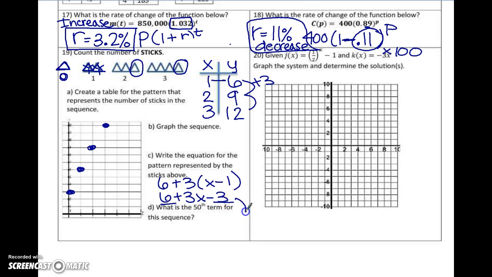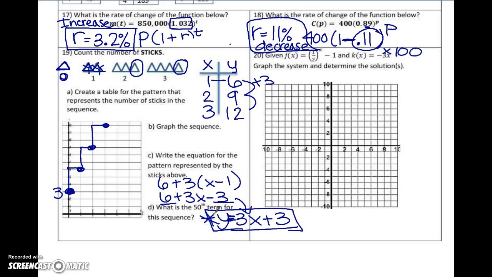So we'd end up with 3x plus 3. And if we want an equation, we better have an equal sign, so let's just put a y there. Which you could have used the graph to figure that out, right? It's 3 over 1, 3 over 1. So your y-intercept is 3, and your slope is 3 over 1, which is what we have for our equation.